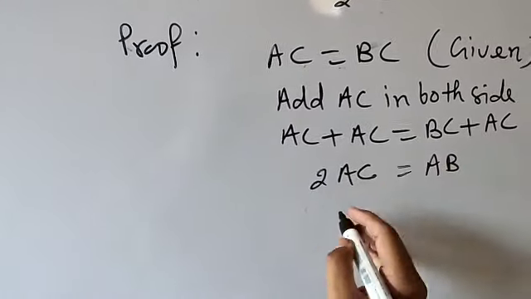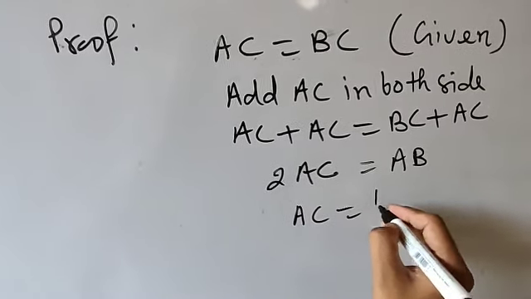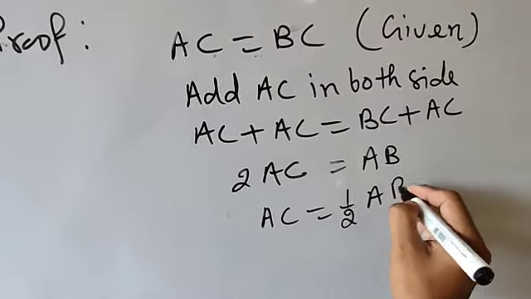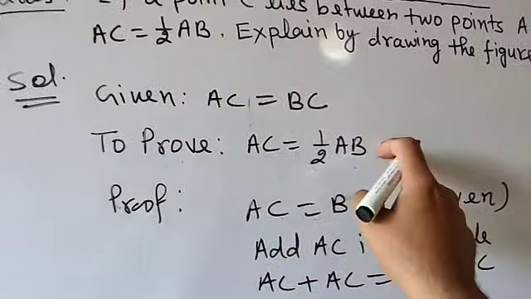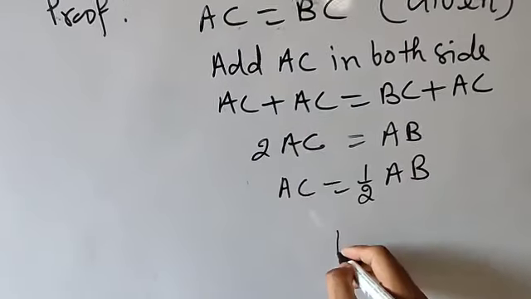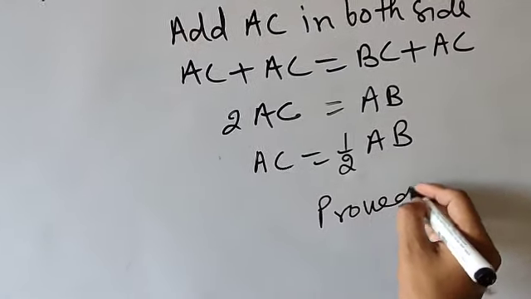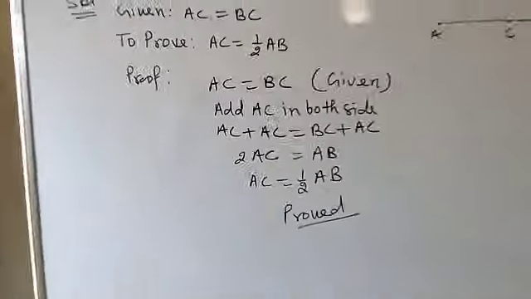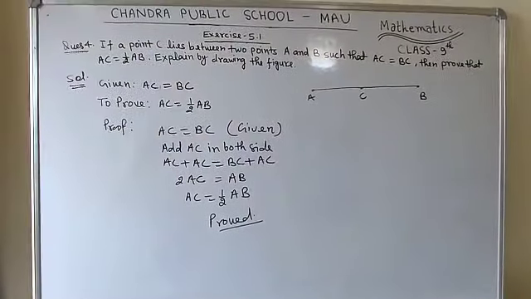If you transfer 2 to the right side, you will get AC equal to 1 by 2 AB. You needed to prove AC equal to half AB, and here AC equal to half AB. So it is proved here. So question number 4th, here it is proved.